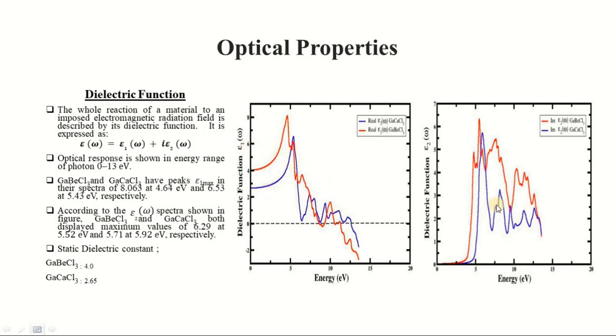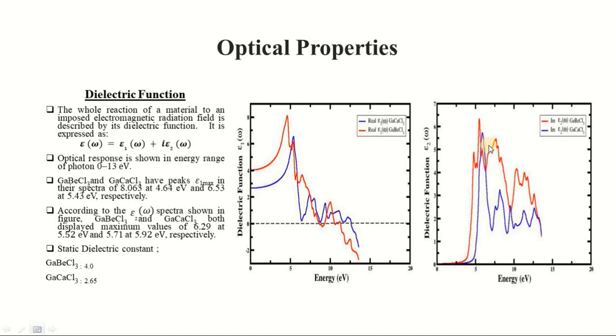polarization of the material. Moving on to the imaginary part of the dielectric function, for GaBeCl3 the epsilon 2 omega spectrum is observed at 6.29, having an energy of 5.52 electron volt, but for GaCaCl3 the epsilon 2 omega spectrum is observed at 5.71, having energy of 5.92 electron volt.